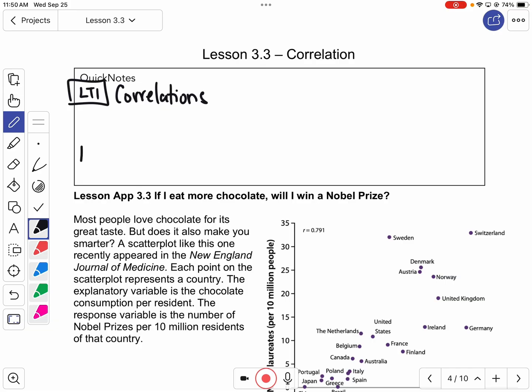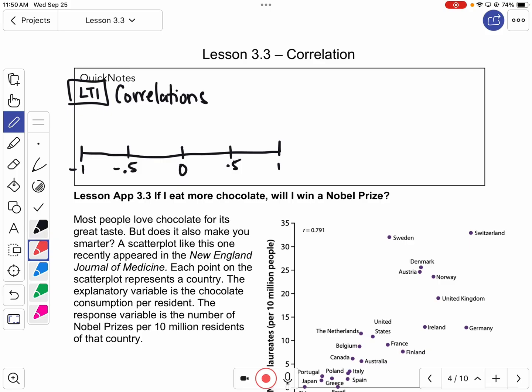So we're going to start with a number line, -1 to +1, and then we've got 0. And I'm going to put some 0.5s in there, so 0.5 and a negative 0.5.